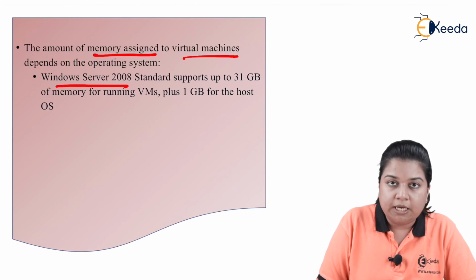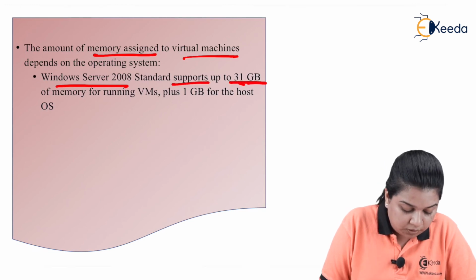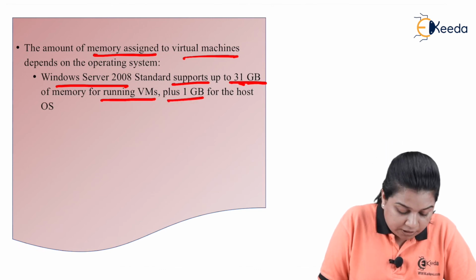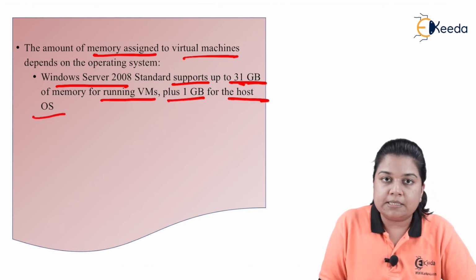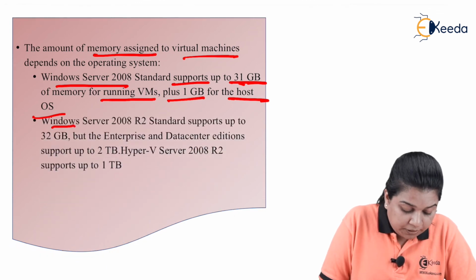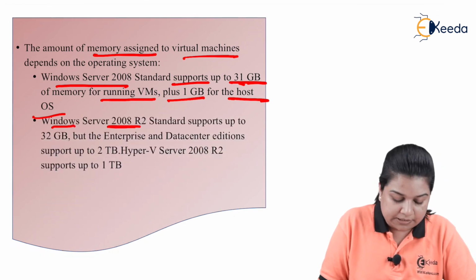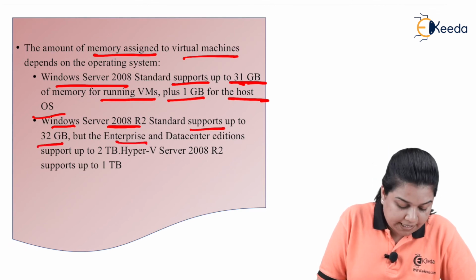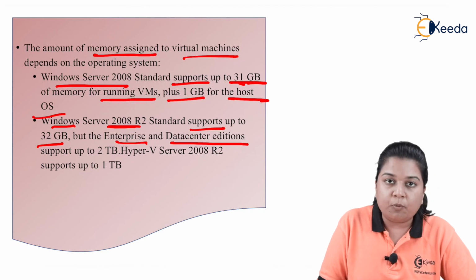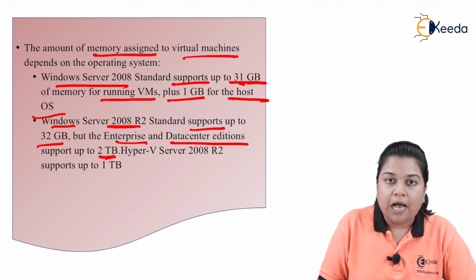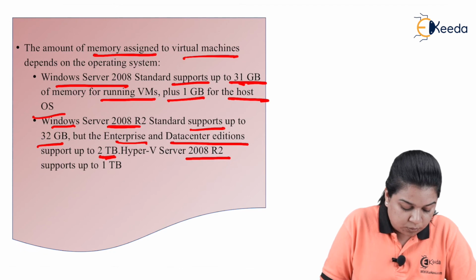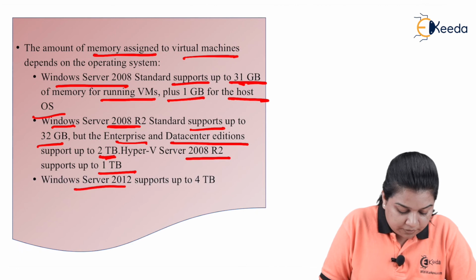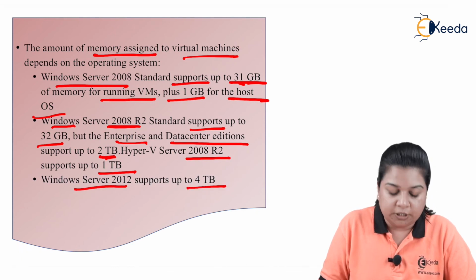Windows Server 2008 Standard supports up to 31 GB of memory for running virtual machines plus 1 GB for the host operating system. Windows Server 2008 R2 Standard supports up to 32 GB, but the Enterprise and Data Center editions support up to 2 TB. Hyper-V Server 2008 R2 supports up to 1 TB. Windows Server 2012 supports up to 4 TB.